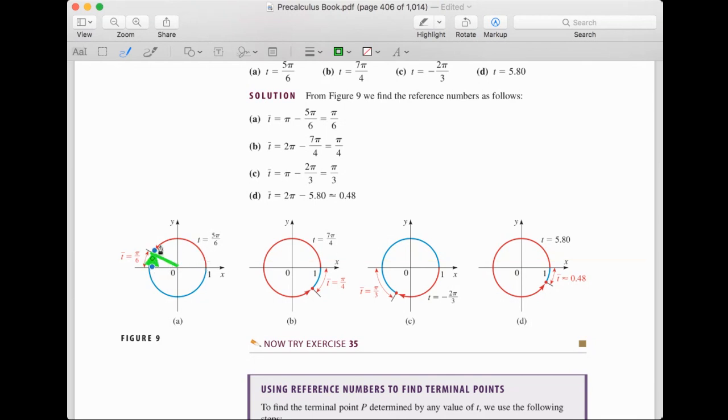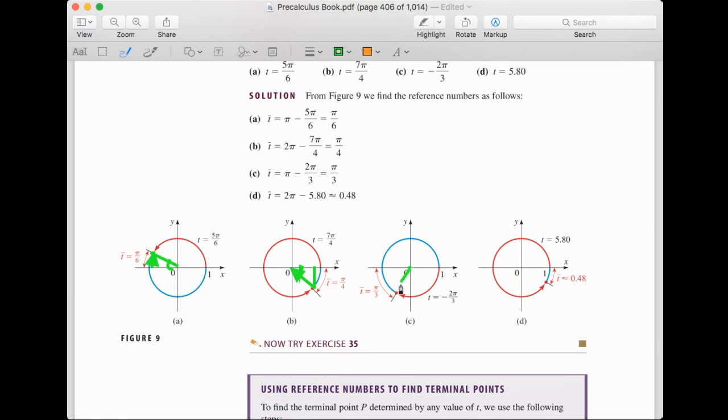The reference angle is the angle inside this triangle. In the second quadrant, we just do pi minus this angle. This red color measures the angle. If it is in the first quadrant, we look at the triangle, and the reference angle of this red angle is the angle in the triangle, is this angle.